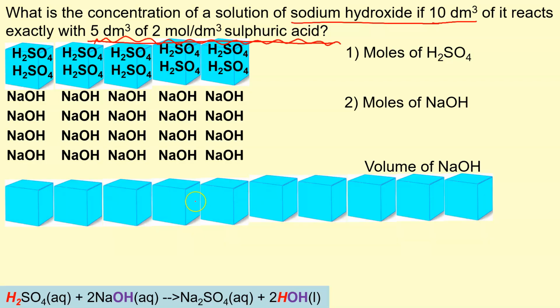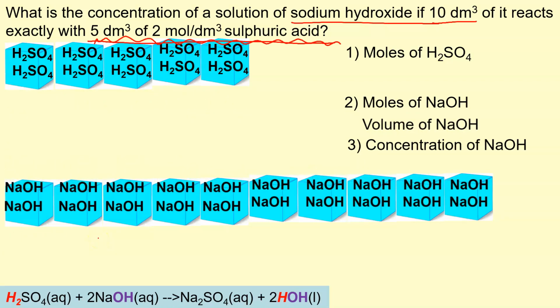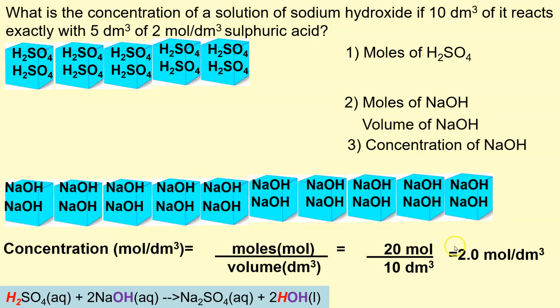Here is a diagram representing 10 decimeters cubed. All 20 moles of sodium hydroxide need to be spread evenly amongst all 10 decimeters cubed. So you calculate the concentration of sodium hydroxide, moles divided by volume, giving us a concentration of 2 moles per decimeter cubed.